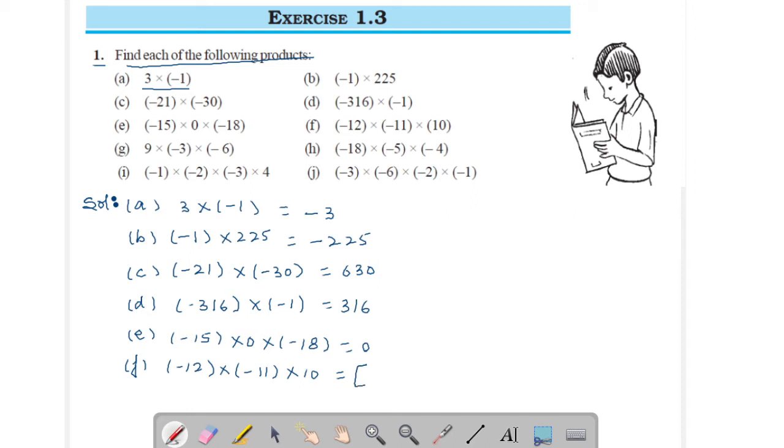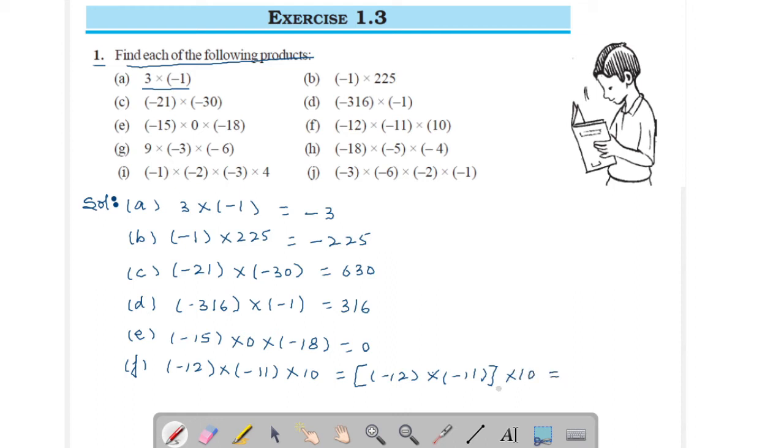You can write like this, within the big bracket, minus 12 into minus 11, big bracket close, into 10.